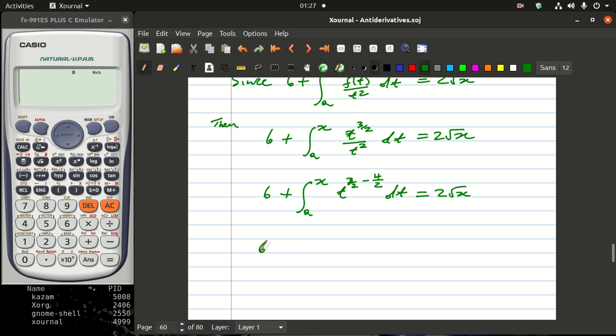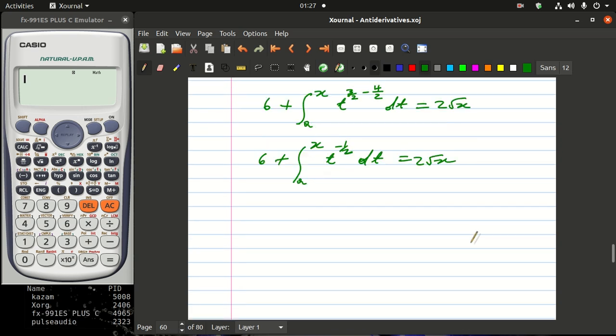And then you still have a 6 plus, and then you still have this definite integral from a to x. And then when it comes to this, you are just having t raised to 3 minus 4, that's minus 1 over 2, because 2 is a common denominator. And then you have a dt equal to 2 square root x.